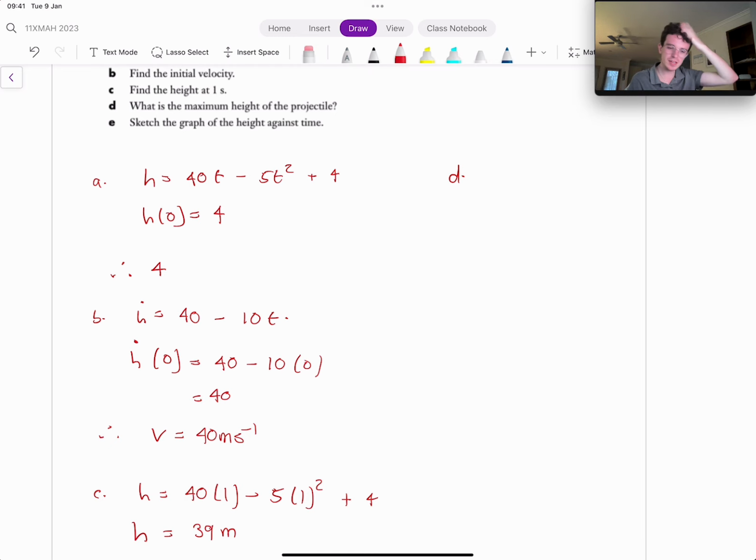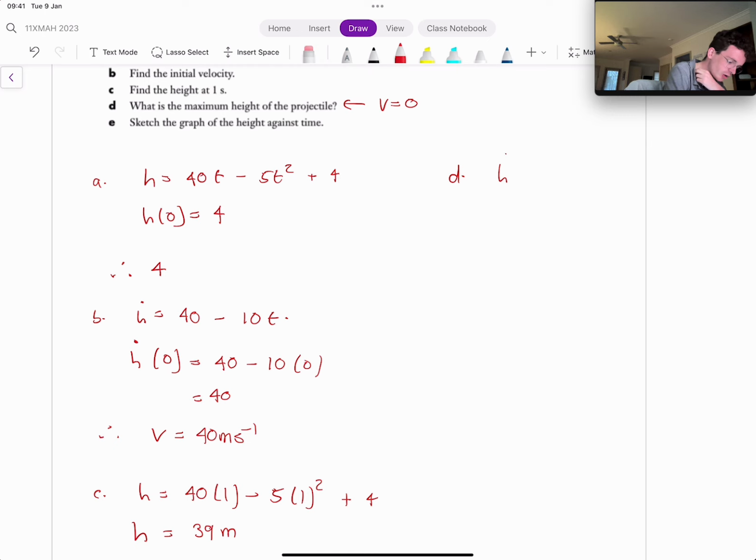If you're going up and then you start to come down, there's got to be a certain point right at the top that your velocity is 0 or you're stationary. So if you throw something up in the air, before it can start coming down, it has to stop for a very, very small amount of time. So the maximum height of a projectile is when its velocity is 0.